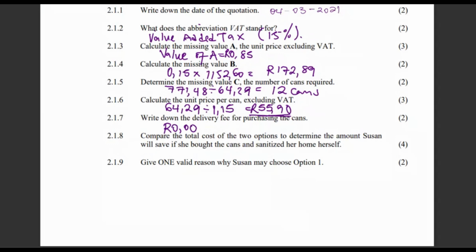Compare the total cost of the two options to determine the amount Susan will save if she bought the cans and sanitizer. All we need to do is subtract. Compare the two costs, the total of the options.